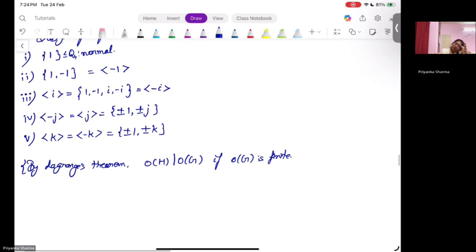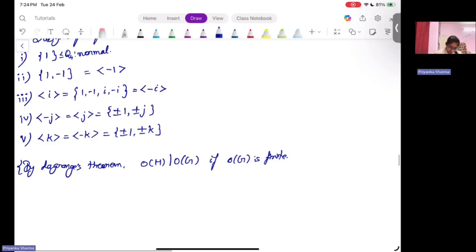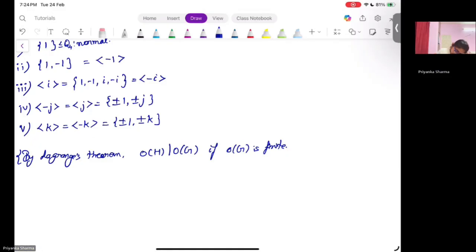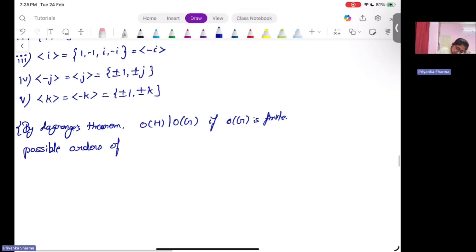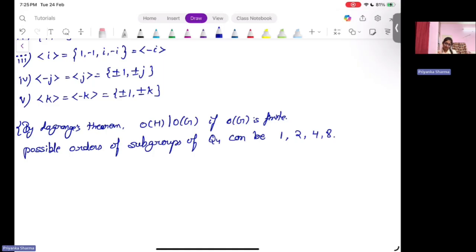So the order of any subgroup of it will divide 8. Possible orders of subgroups of Q4 can be 1, 2, 4, and 8. That is all positive divisors of 8, the order of the group.